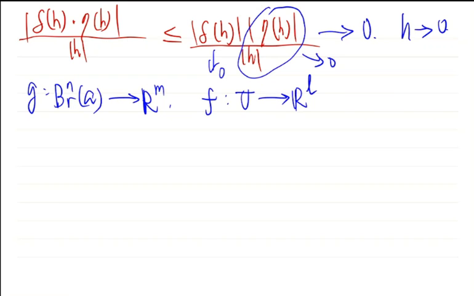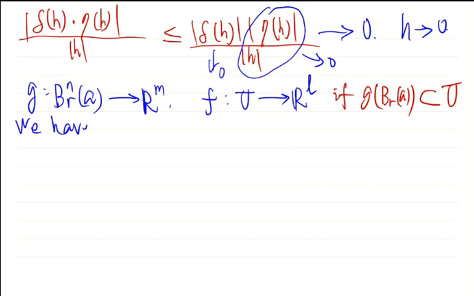In the case that the image of G is contained in the domain of definition of F, that is U, we have a composition. The composition F after G is a map from a neighborhood of A to Rl.